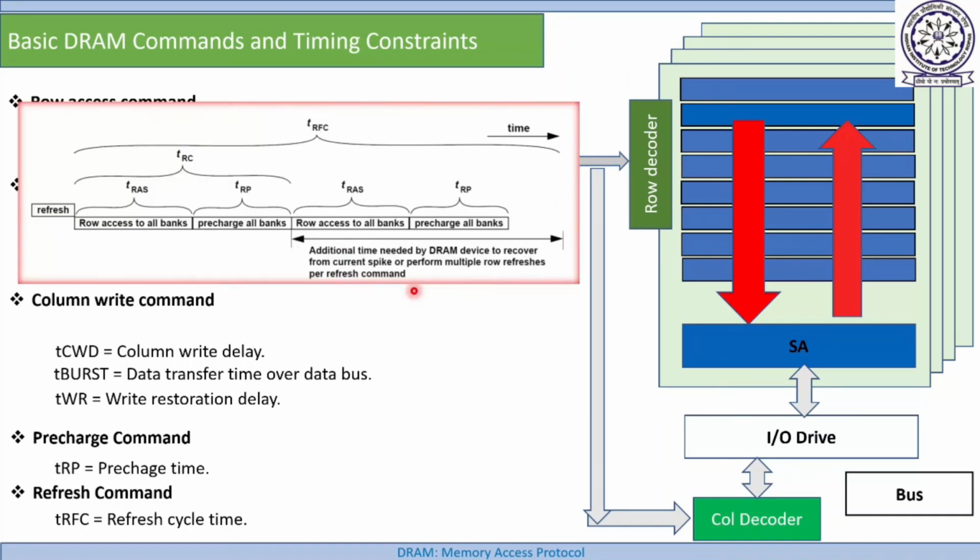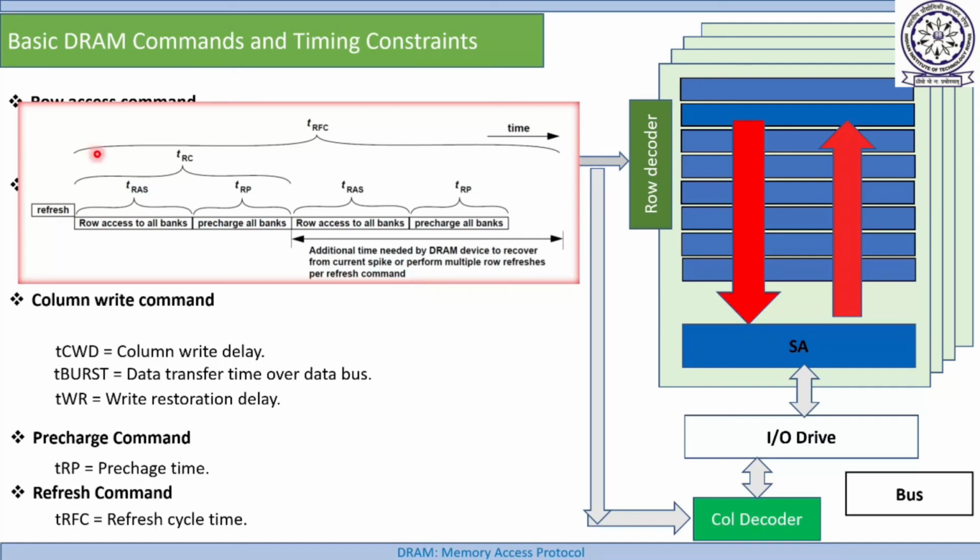The time tRFC is the time required to execute one refresh command. If the DRAM is refreshing n number of rows in one refresh command, that is fine, but the total time is tRFC. In one refresh command, the DRAM may refresh multiple rows.